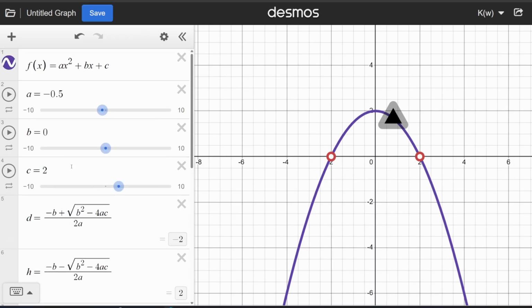So we have a total distance of 4 that we can jump. And that means -2 to +2 is a distance of 4. So we're okay there. I'm going to go ahead and leave that. And then we need to figure out the height. The highest we can jump is 2.5.